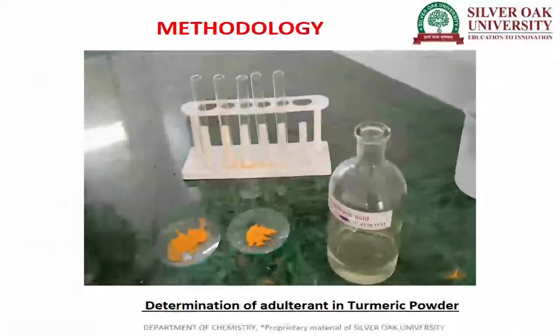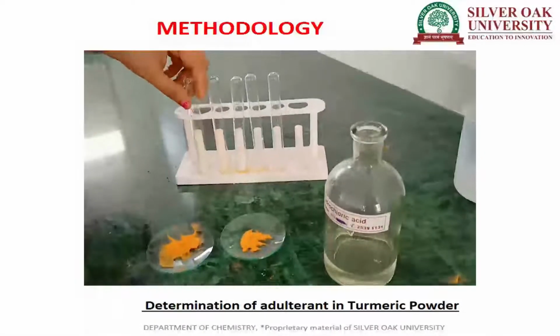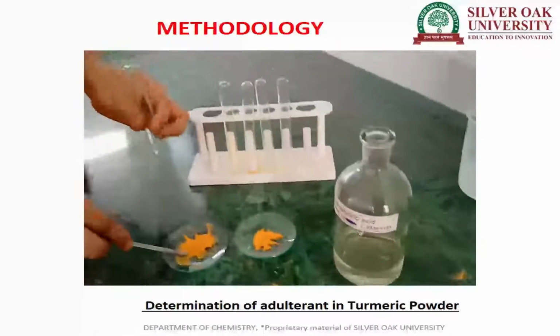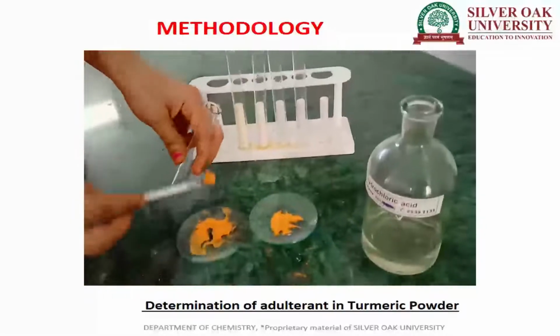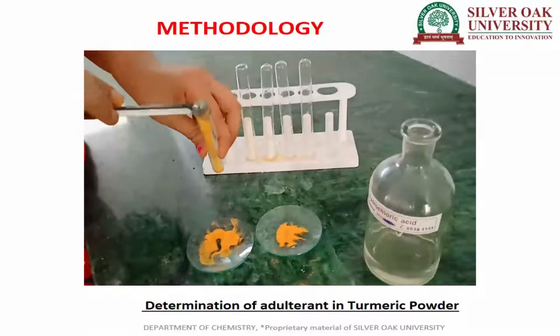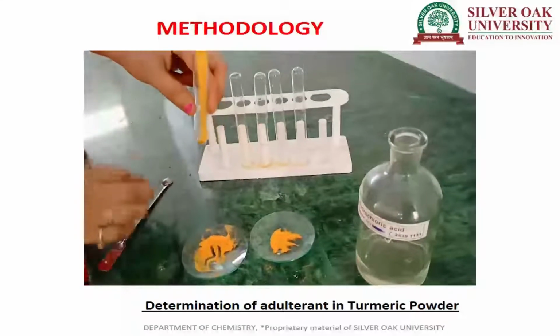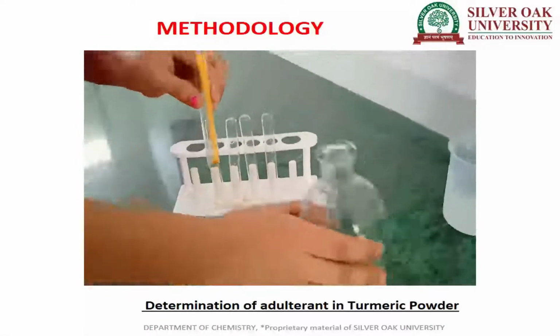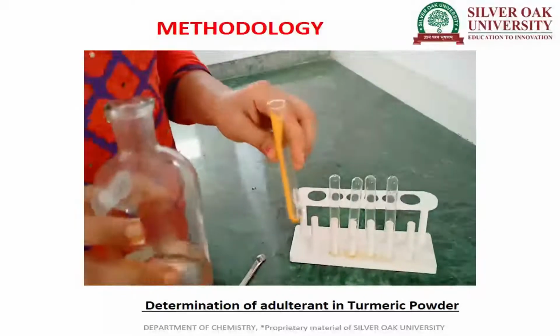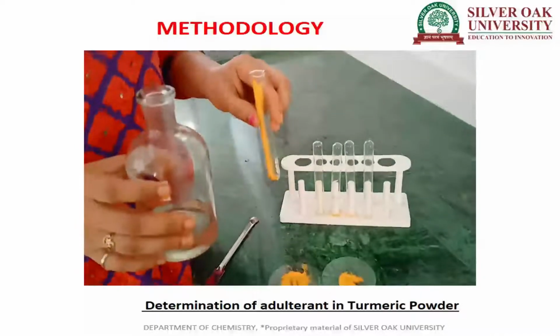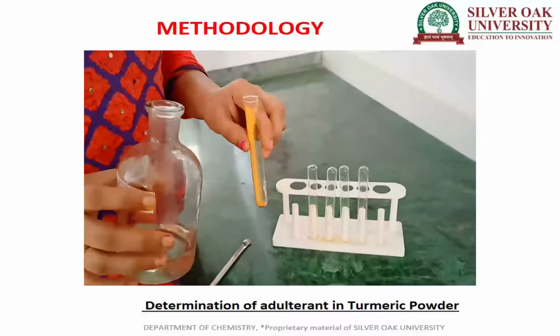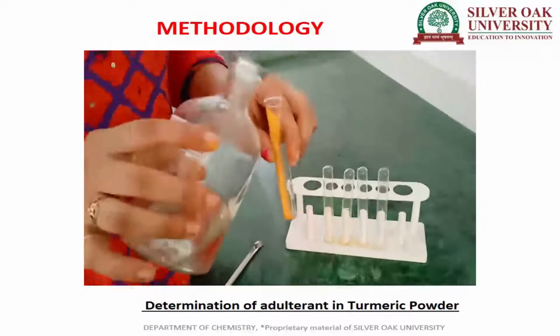Let's test the presence of yellow salt in turmeric powder. Here we take a sample of turmeric into the test tube. Now we will add hydrochloric acid. If there is a magenta color, it indicates the presence of yellow metal oxide.